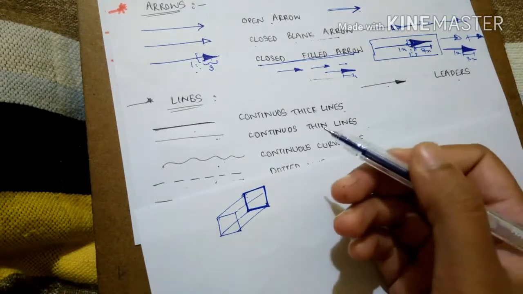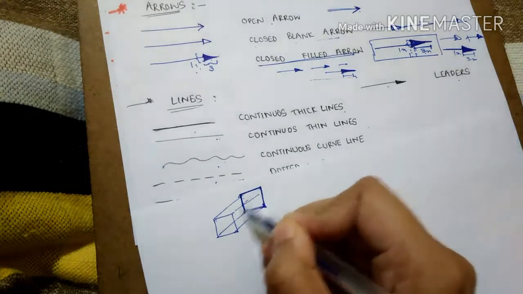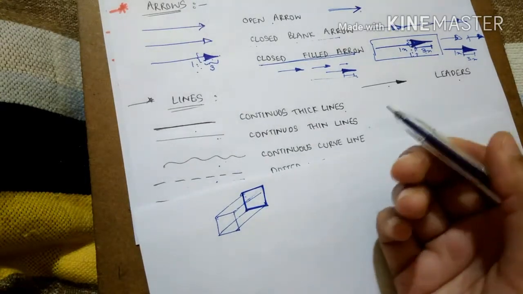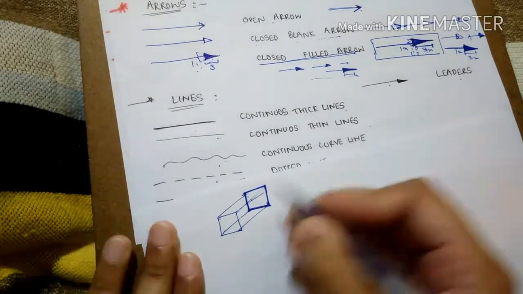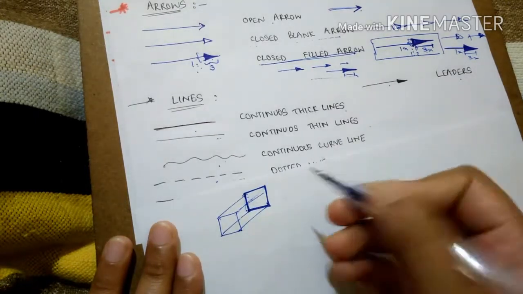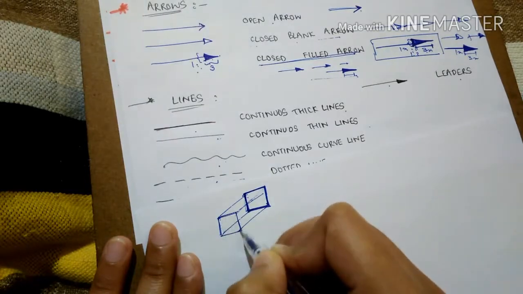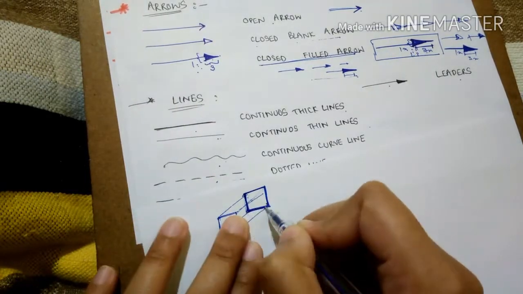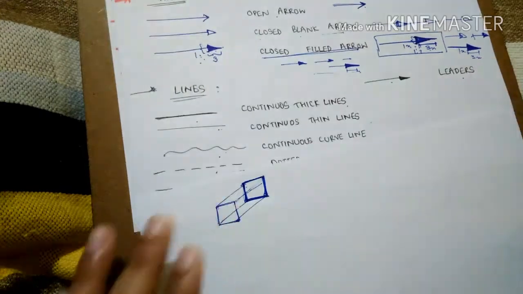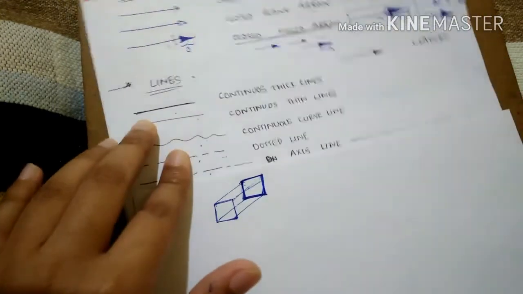I'll tell you what is a true image and what is an apparent image later when you come to learn the chapter of planes. But for now, consider that whenever the thing is real, what you have obtained after applying all the conditions, that should be in thick lines, and the normal construction should be in very thin lines. So you can make out that this is the final drawing in the sheet when you take the printouts or do the sketches. That is continuous thick lines.